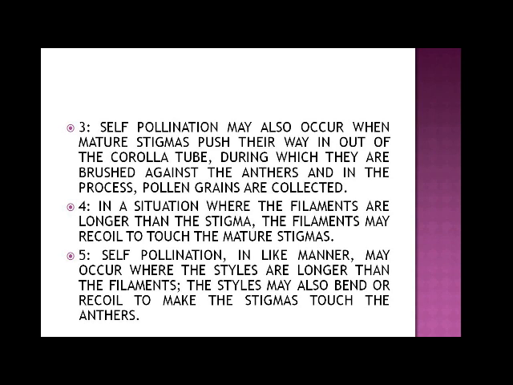Number 3, self-pollination may also occur when mature stigmas push their way in and out of the corolla or corolla tube, during which they are brushed against the anthers, and in the process, pollen grains are collected.